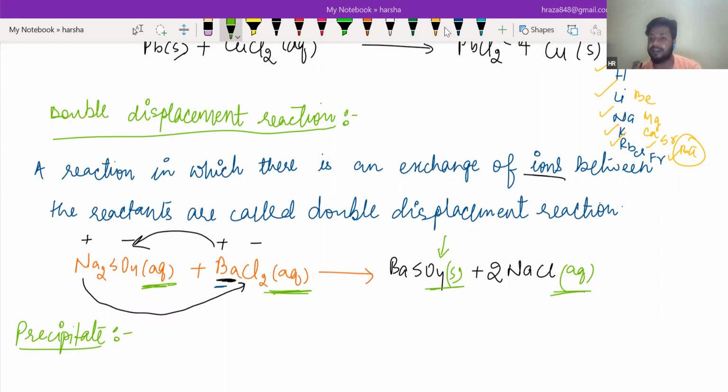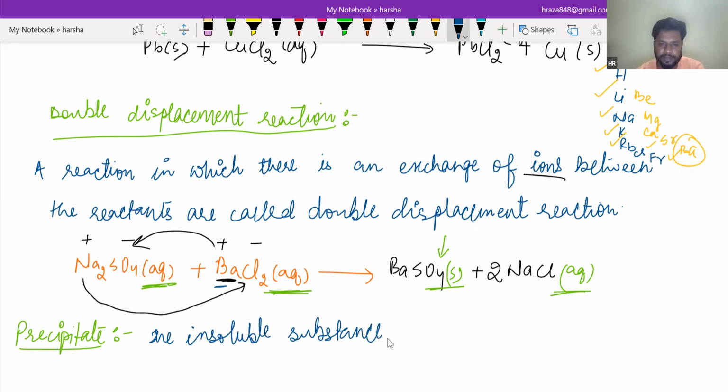So I'm going to explain this precipitate. How do we define precipitate? The insoluble substance formed is known as precipitate.